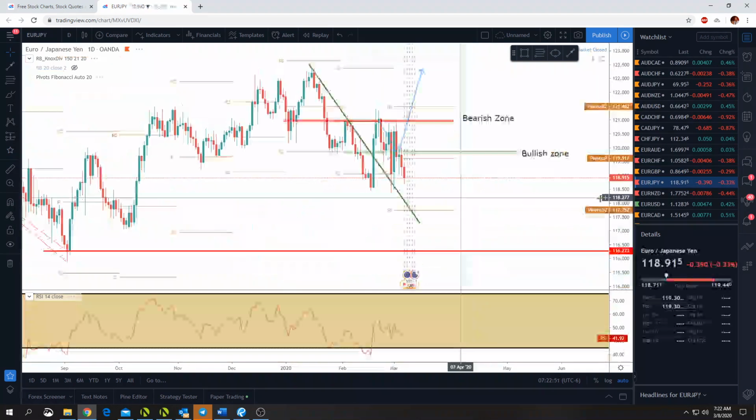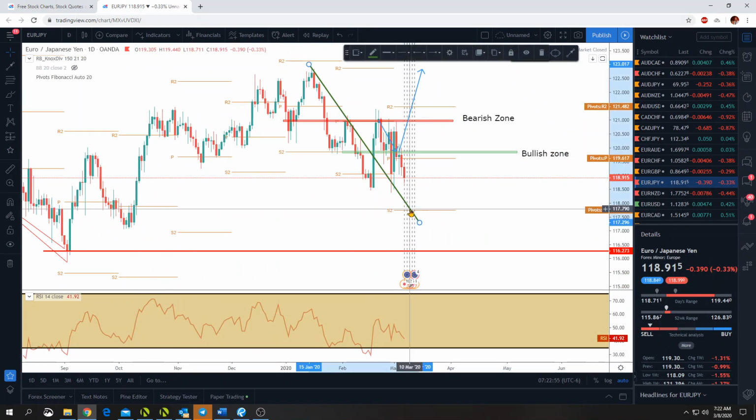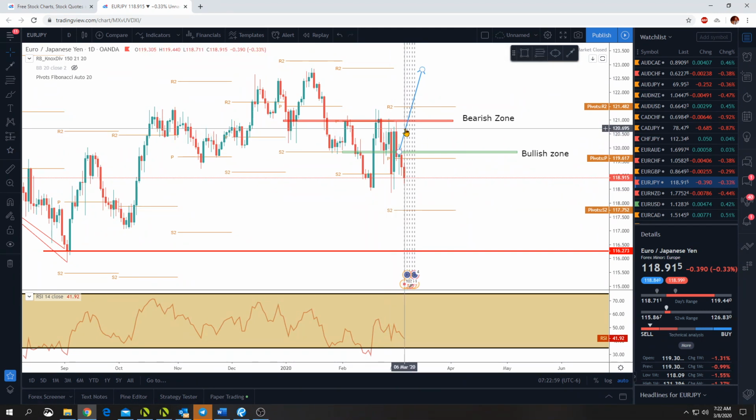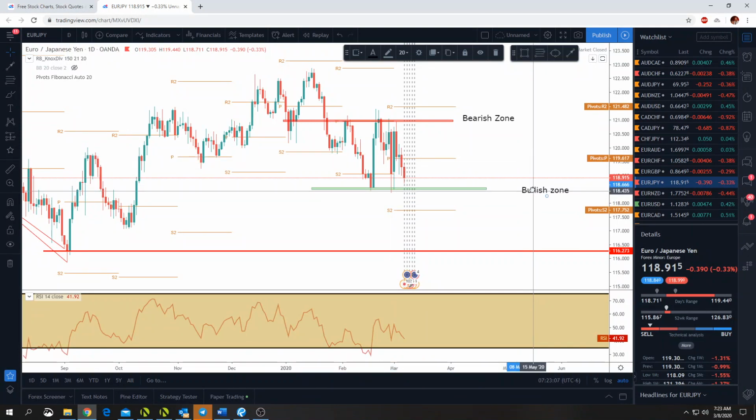There we go. Euro JPY. Battle of Titans last week, right? JPY wins. So, I kind of like where it's sitting. If we get a pull all the way back down to this area, you can see price rejected it here, here, here. Made an attempt.